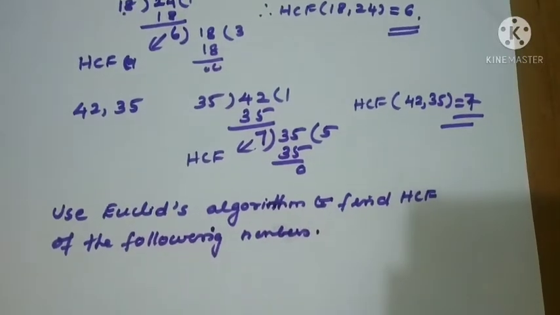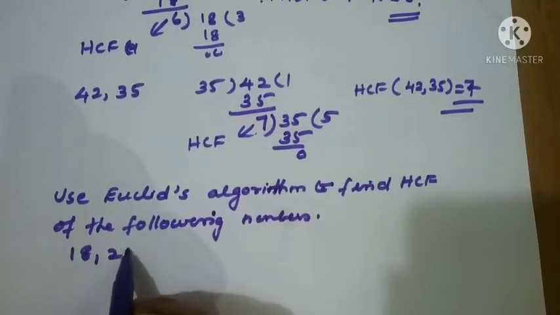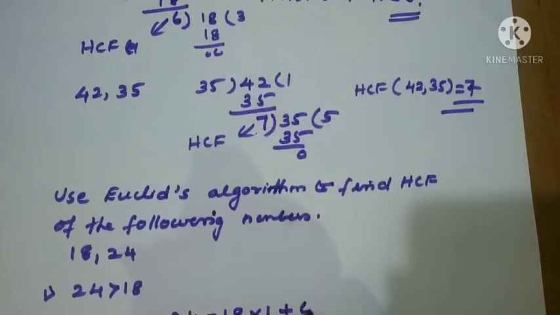What is the first step? We should write, taking 18 and 24 only. First step: 24 is greater than 18. Now I will write 24 equal to 18 into 1 plus 6.